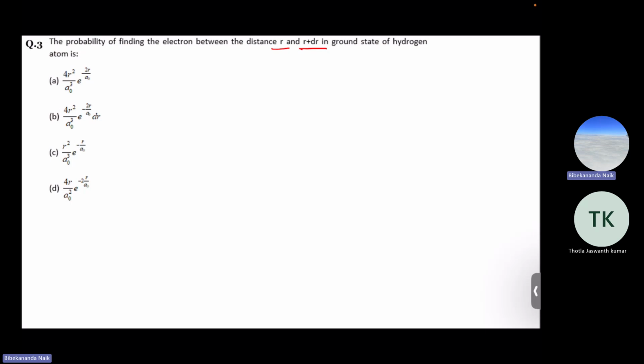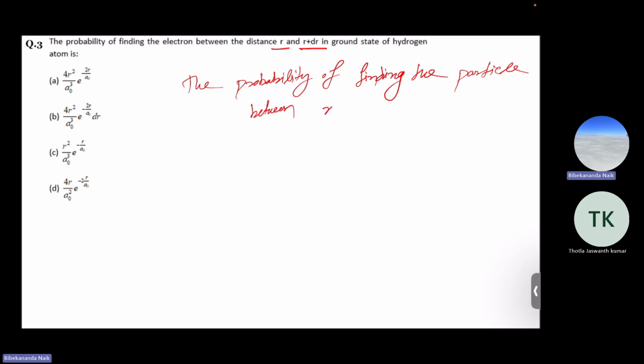So the probability of finding the particle between r and r plus dr is given as psi mod square dr.